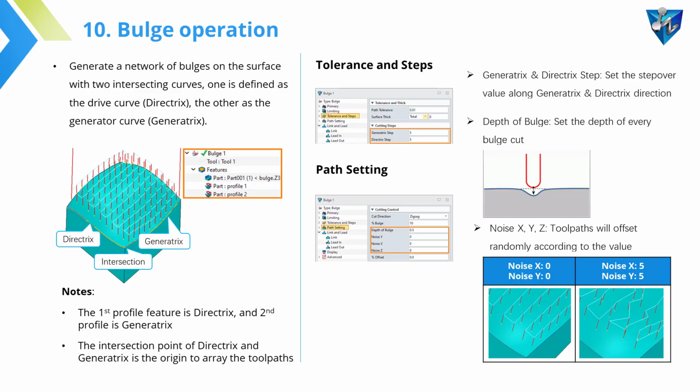They are used to set the step over value along the generatrix and directrix direction. Depth of bounce is to set the depth of every bounce cut, and noise XYZ means toolpaths will offset randomly according to this value.